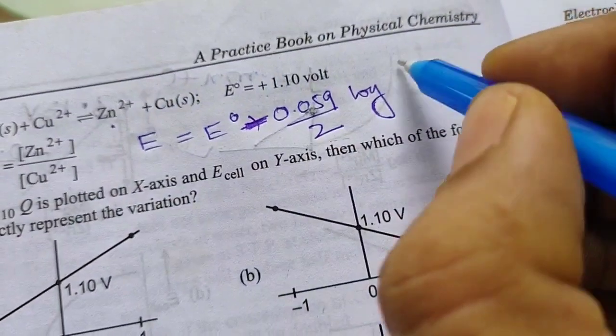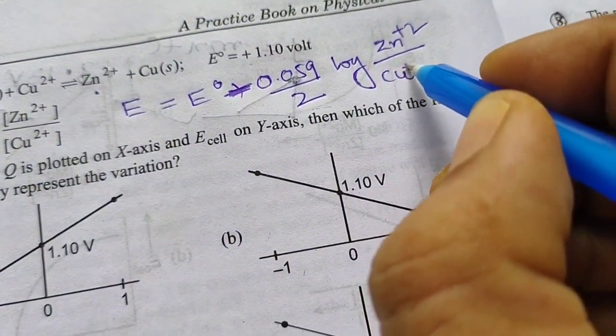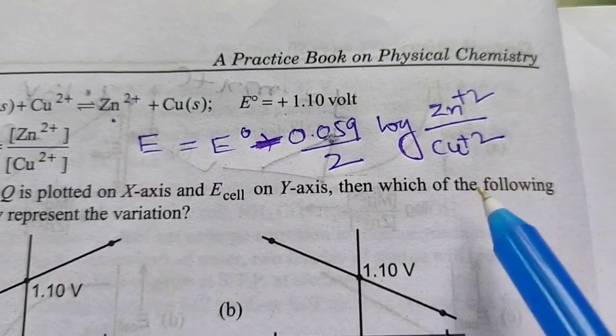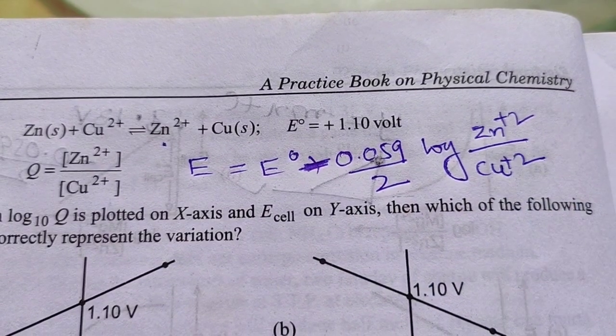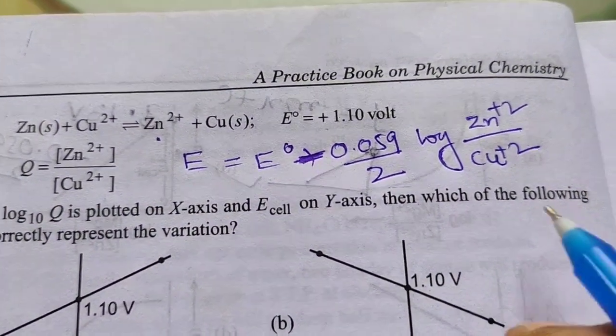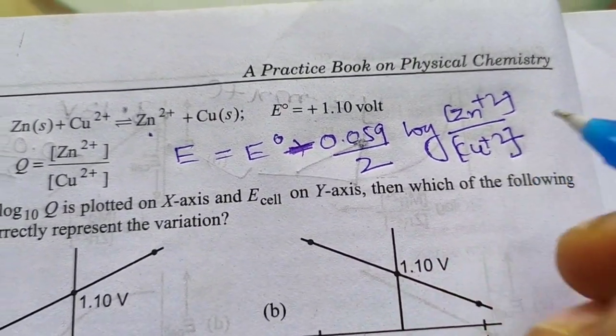Here the products are Zn2+ by Cu2+. Zinc and copper are solids, so the active mass of solids is taken as 1. Concentration of Zn2+ by concentration of Cu2+.